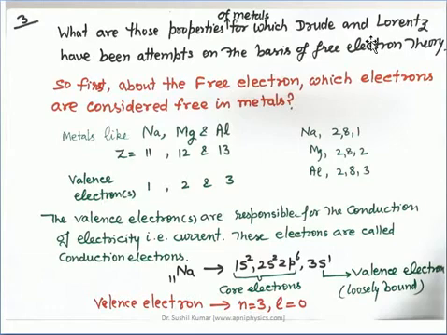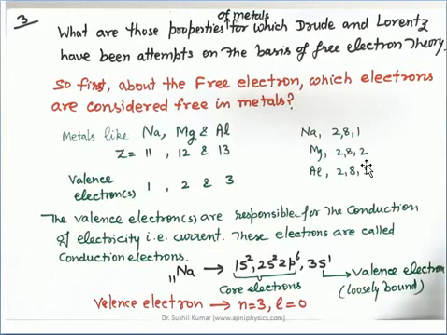If you see the electronic configuration, or the number of electrons in their shells, you can say that in the first shell there are 2 electrons in case of sodium, 8 in the second shell, 1 in the third shell, and similarly for magnesium and aluminum. So 1, 2, 3 electrons are the outermost orbit electrons of these 3 atoms. The valence electrons are responsible for the conduction of electricity, as one knows, and that is basically current.